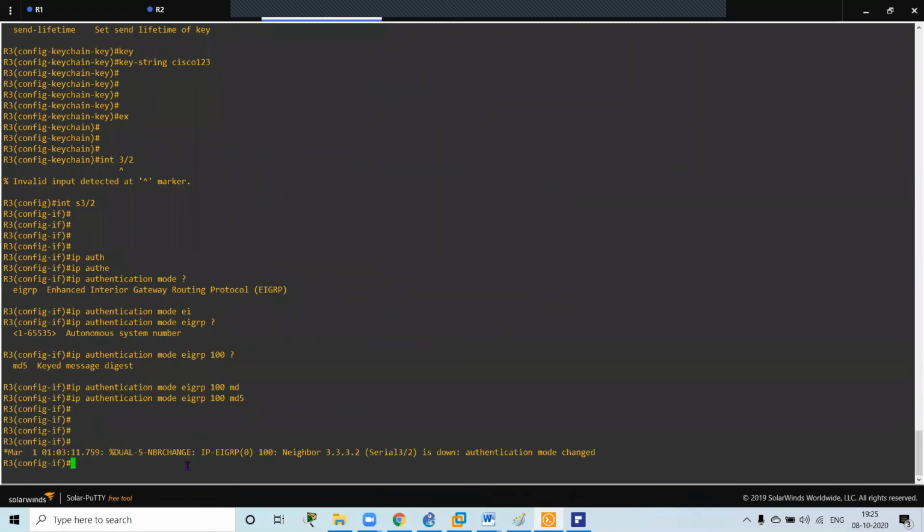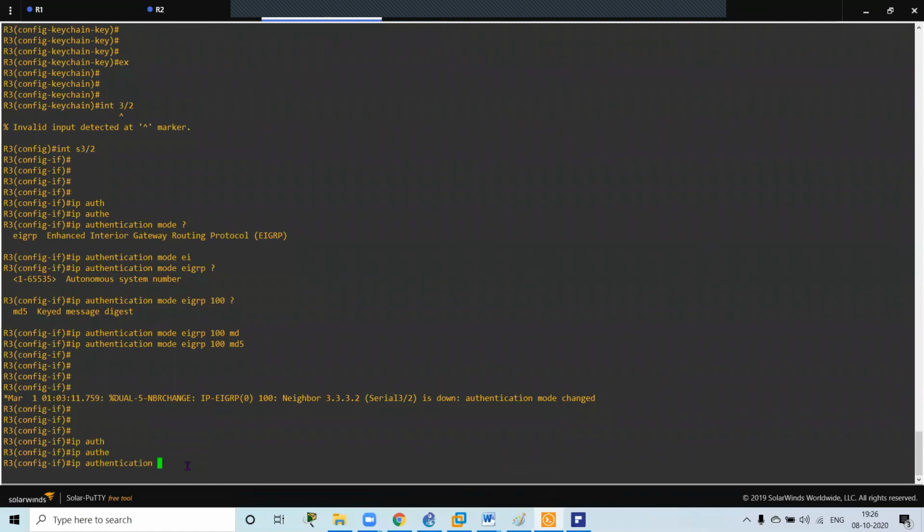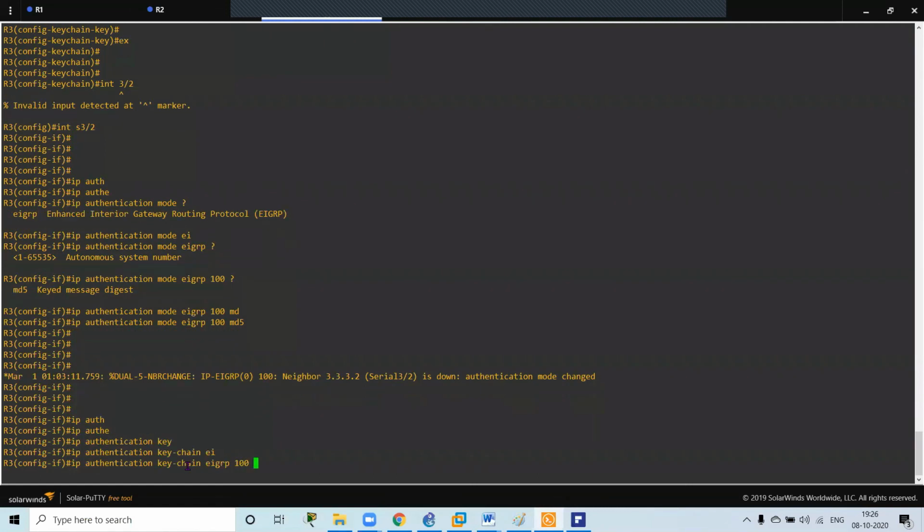This will enable the authentication. Once I enable the authentication, the neighbor will be down because my R4 is not having any authentication. Then I have to say ip authentication key-chain EIGRP 100 CCNA.